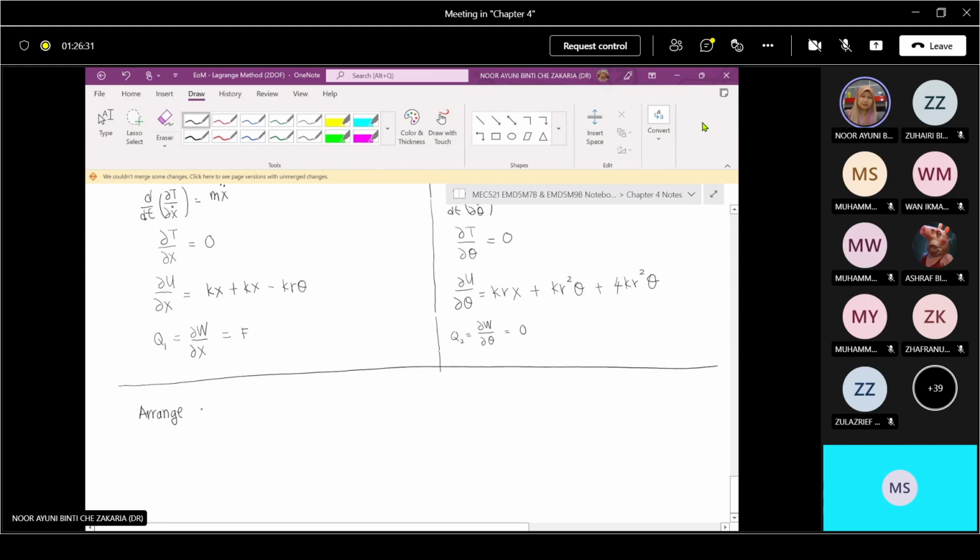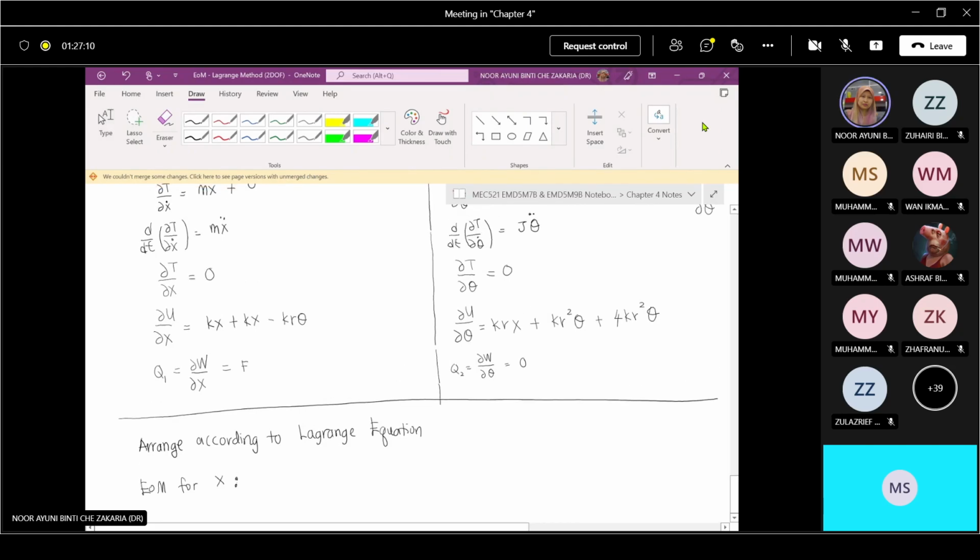Once you have everything arranged according to Lagrange equation, and then you have equation of motion for X. So we have m x double dot minus the 0 plus kx plus kx minus k theta is equal to f.